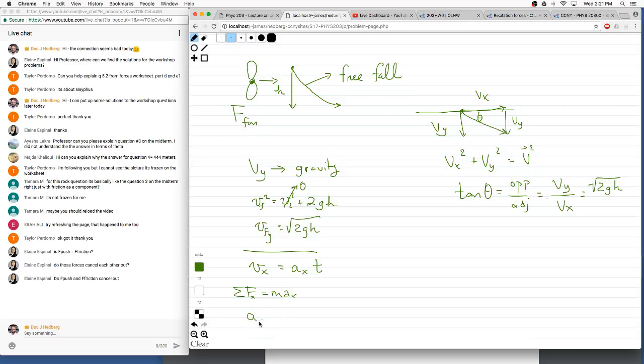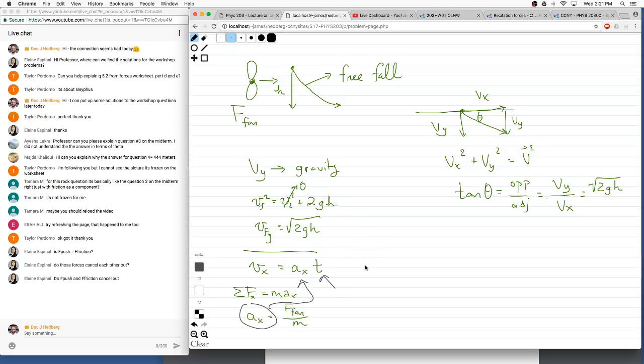So acceleration in the x will be equal to F fan over m. Now that gives me a, so I'll be able to plug that in there, but I still need to find t.